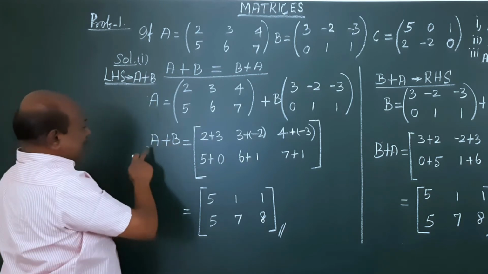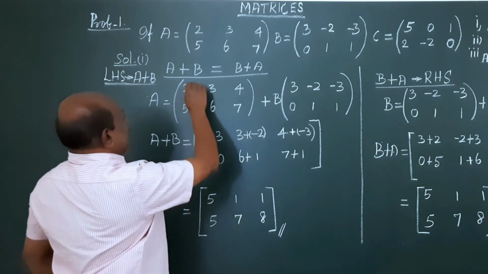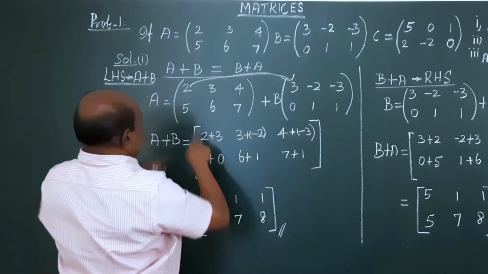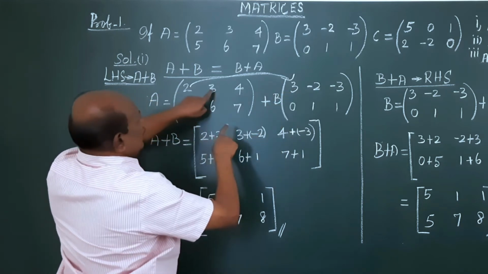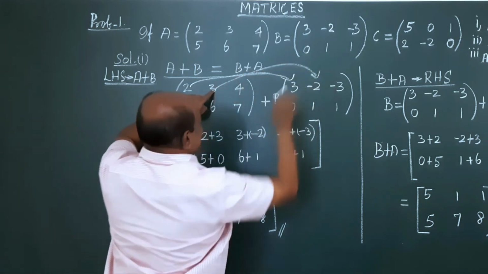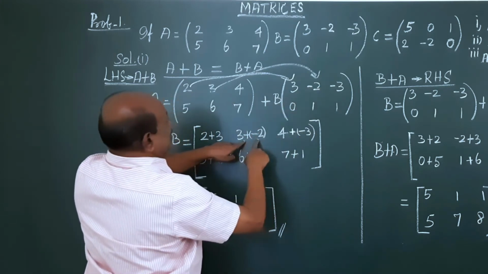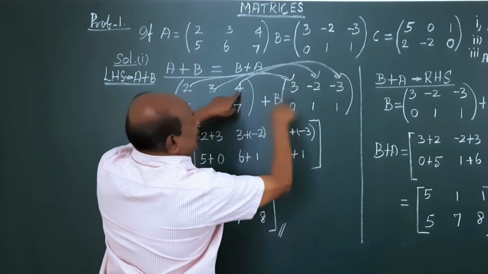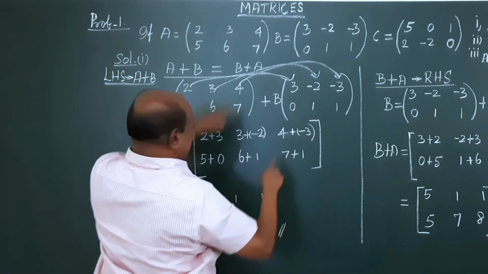A plus B equal to, that is here this one added with this one. 2 plus 3, then 3 plus minus 2, again 4 plus minus 3.